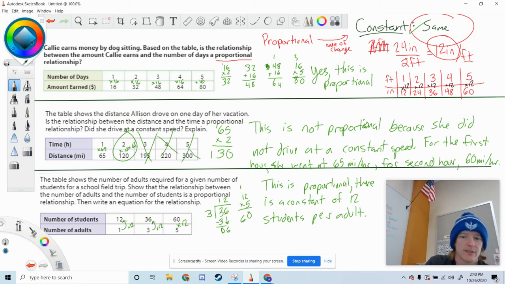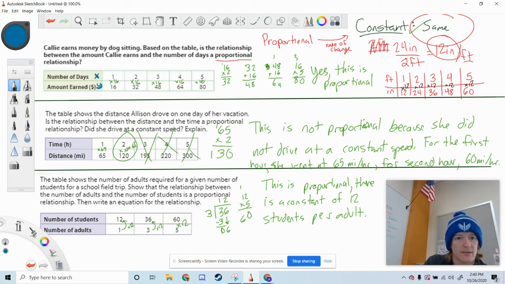So I want to go back up to this top one, and I want to write an equation for this one. I'm going to give these two some variables, okay? And I usually choose the bigger one to make my y, because I think it's easier. That's a y, I promise. There we go. So y equals our constant times x. This is how we're going to write these equations.